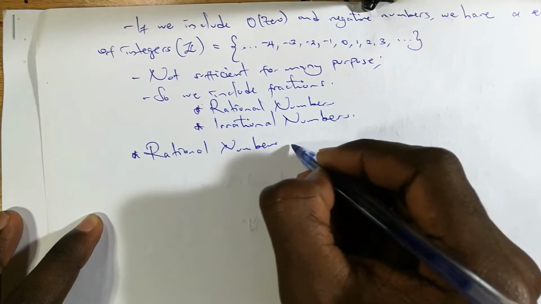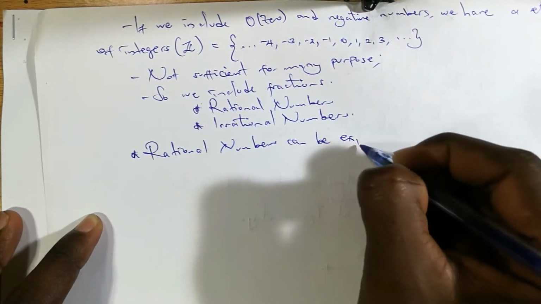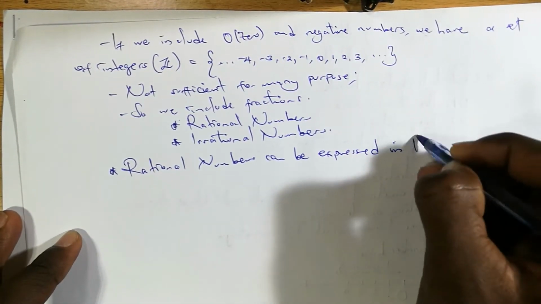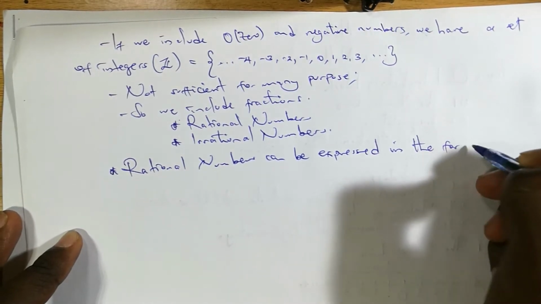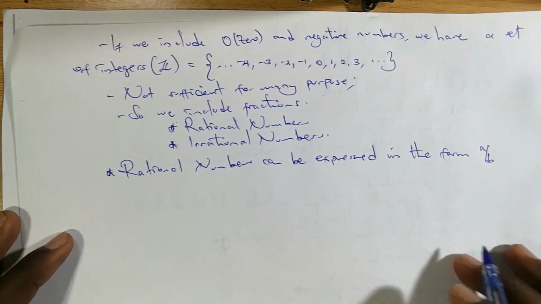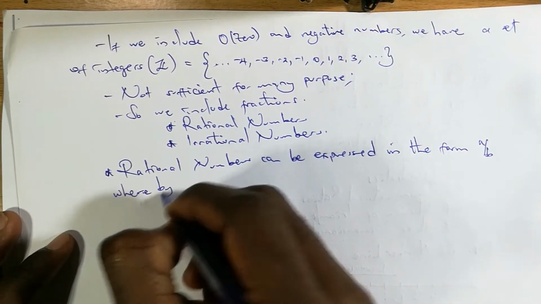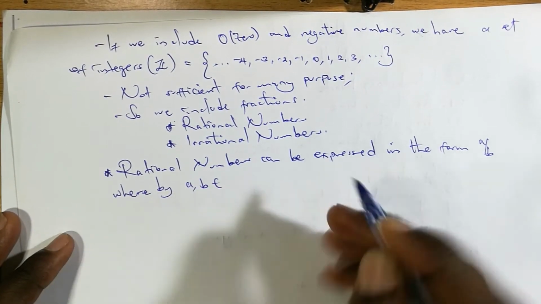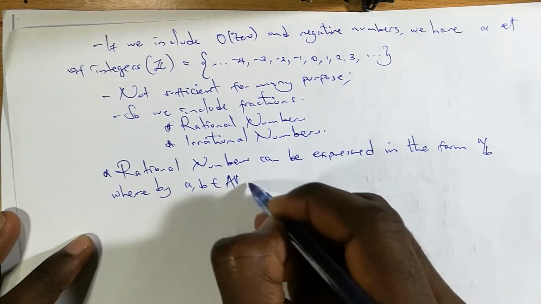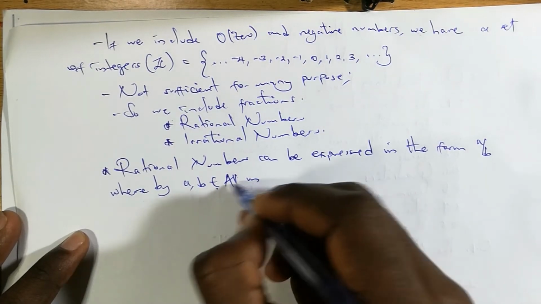can be expressed in the form a over b, whereby a and b are all integers. This symbol simply means being a member of, or belonging to.